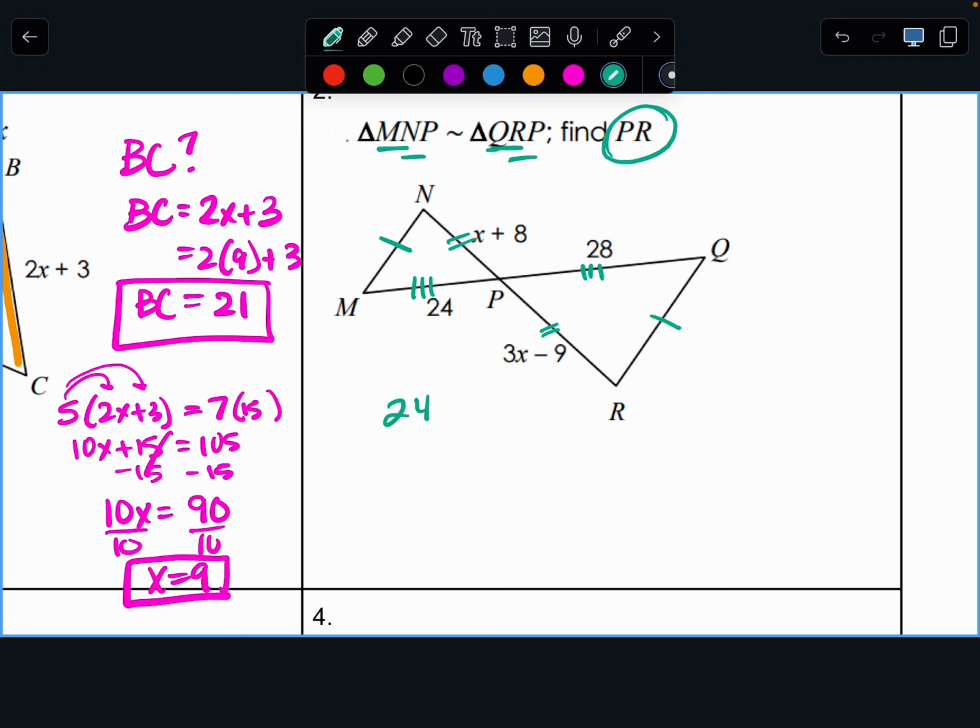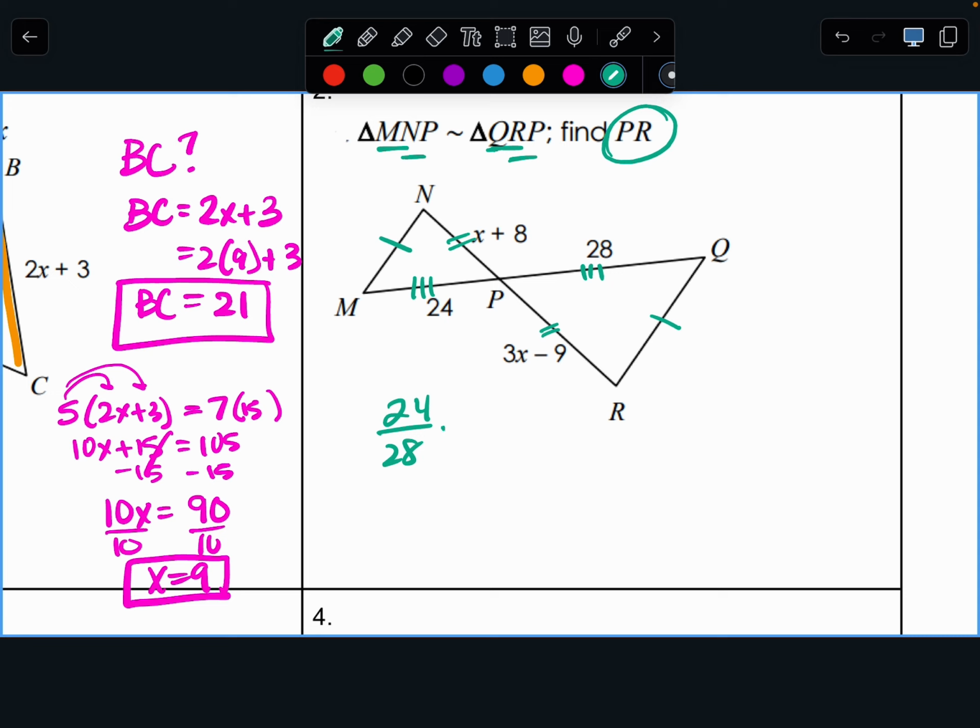So 24 over 3x minus 9. Oops, nope, I did that wrong. See, pay attention to where you're going. 24 matches 28.